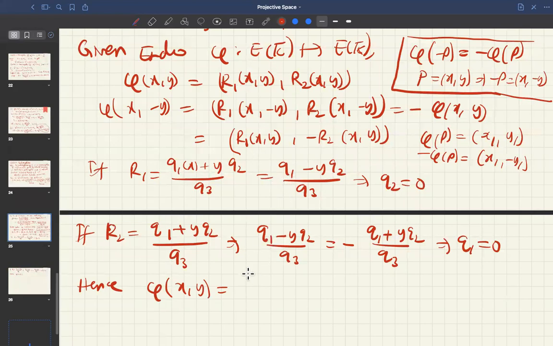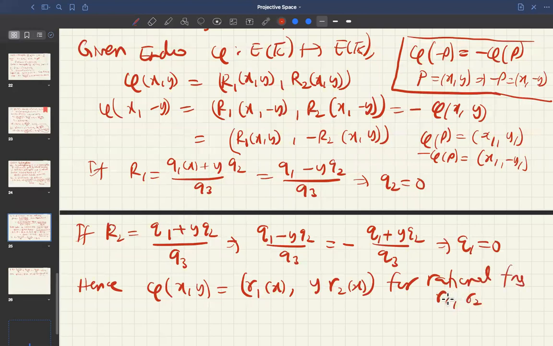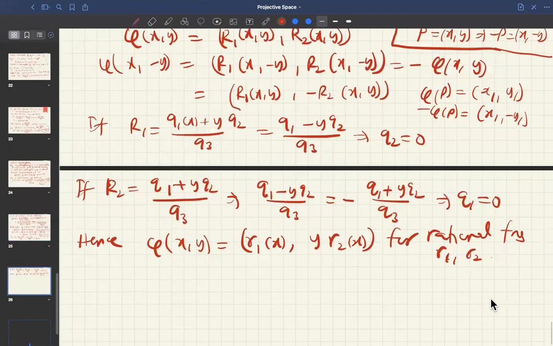Q1 minus Q3, so that means this is R1 of x and y times R2 of x, for rational functions R1, R2. Okay, is that okay?